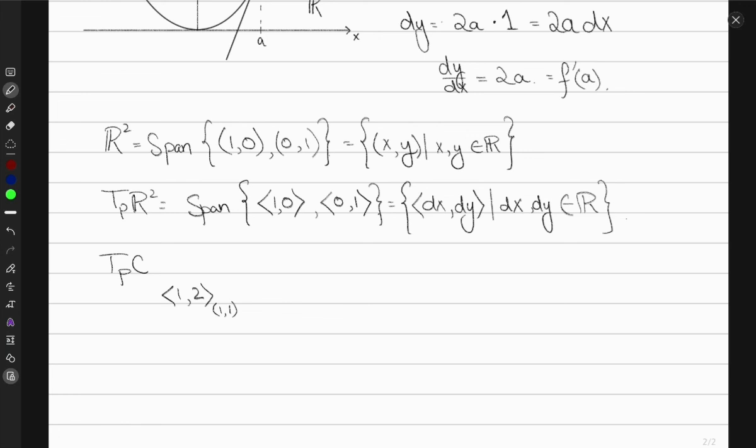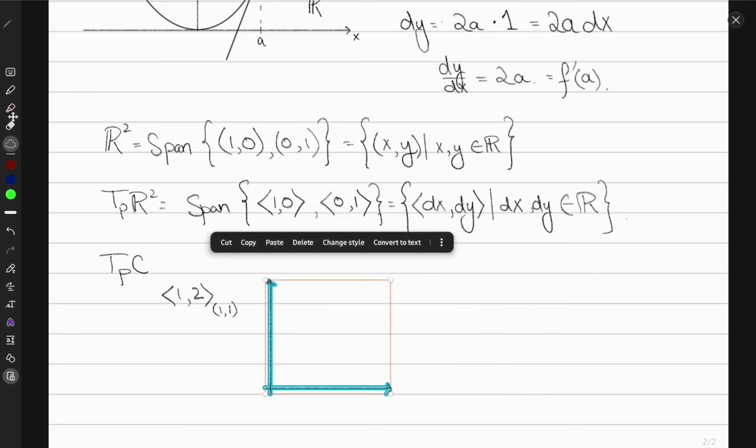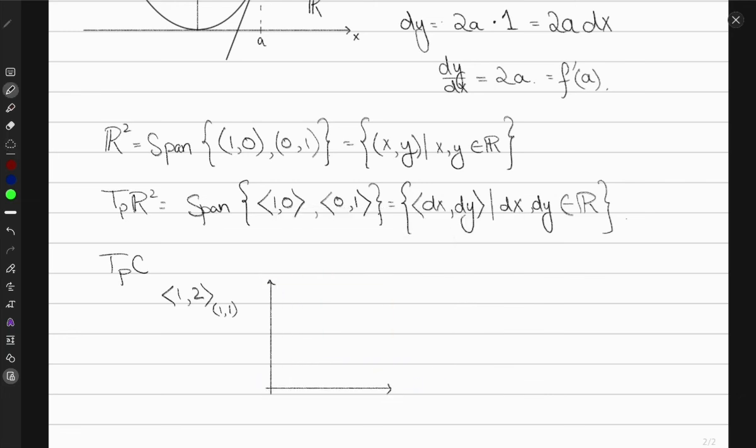So let's plot what this would be on our axes. So suppose this is your axis. Let's bring this axis a bit to the left. Now let's pick our coordinates 1 and 2, which will be on the curve. So the coordinates 1 and 1, which will be on the curve.